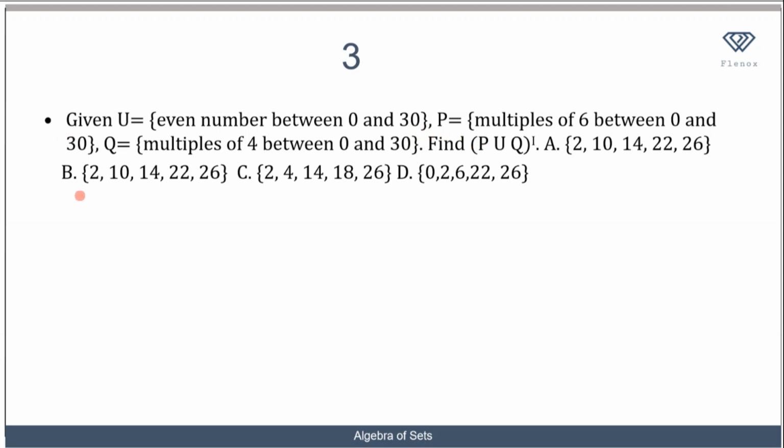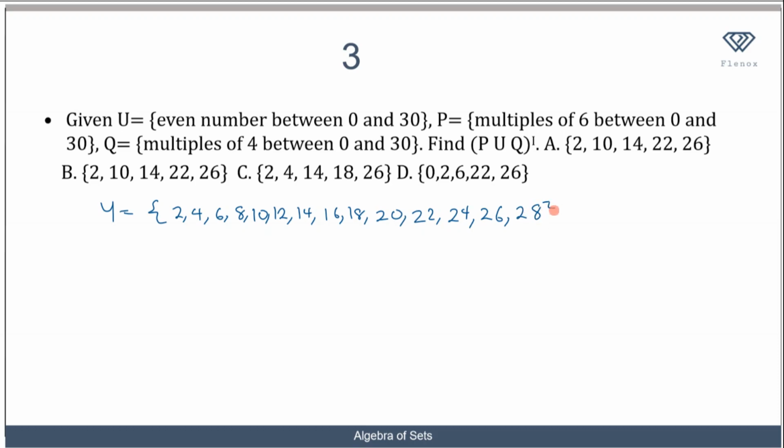So we have to list out the elements. Our universal set, U, is made up of what? The even numbers between 0 and 30. So what are the even numbers that lie in between 0 and 30? We have 2, 4, 6, 8, 10, 12, 14, 16, 18, 20, 22, 24, 26 and 28.